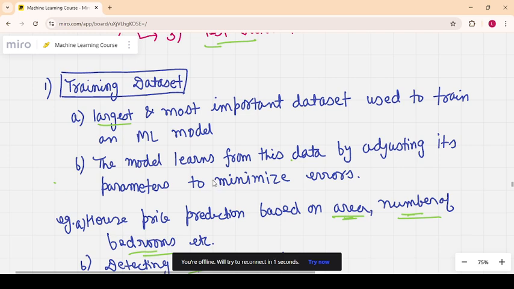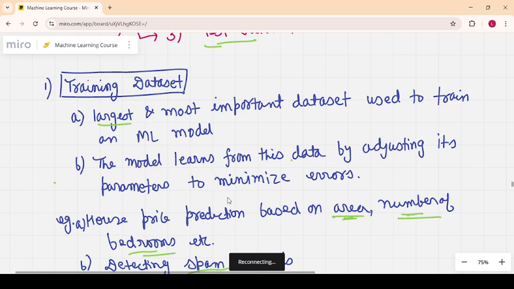In the training dataset, we feed a large amount of data. During training, the model tries to optimize the parameters, changing them so that we get very little error, and we capture the patterns present in the dataset.